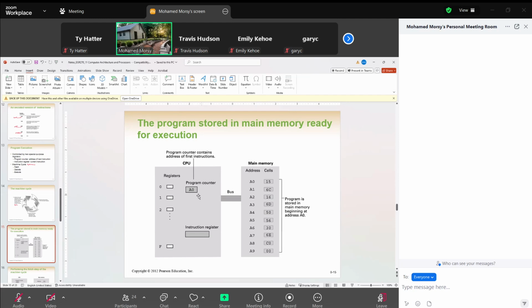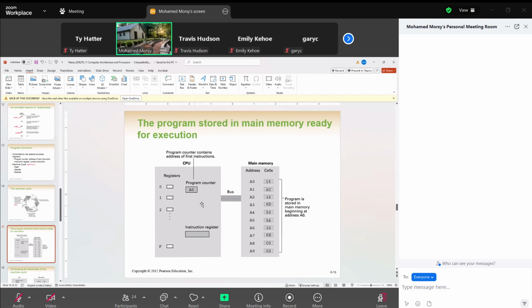In the program counter, we see the address of the instruction we need to retrieve. The program counter contains the address of the first instruction, A0.